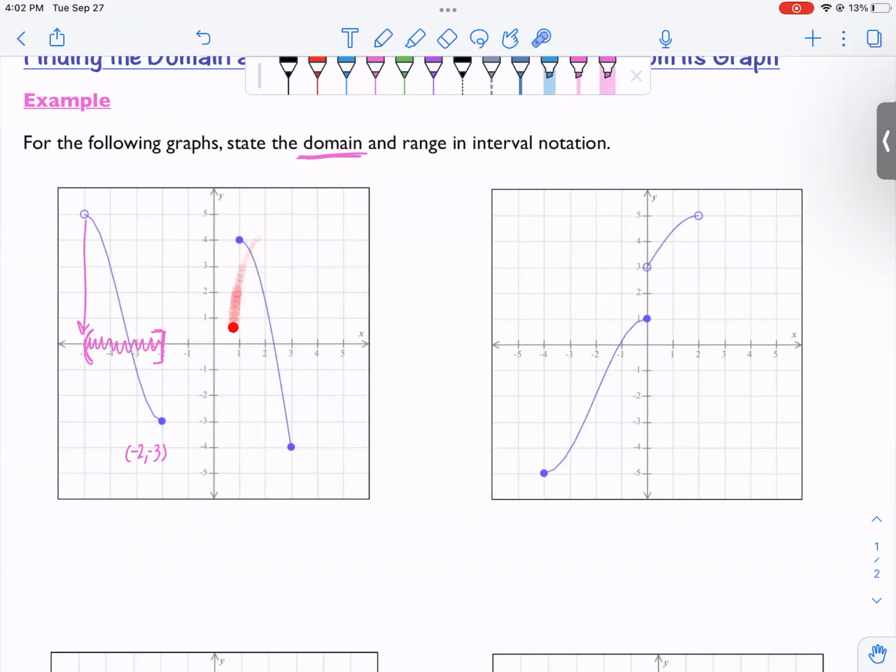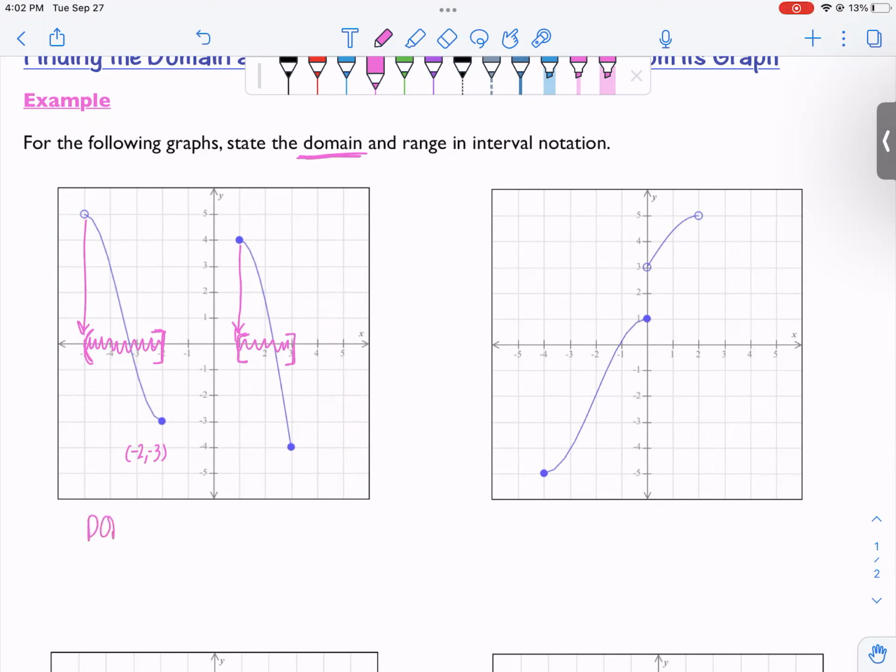Let's look at this other piece over here. Here, we include the x value 1. It's in the domain because there's a point. This graph continues all the way to 3. It doesn't continue after that. There's no graph over here. 3 is a closed circle, so it's a bracket.